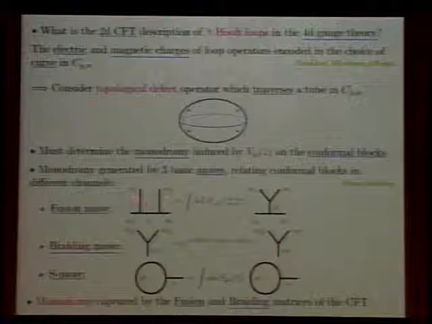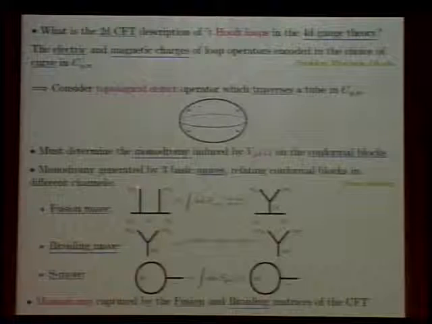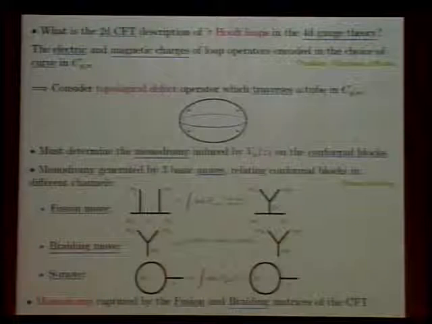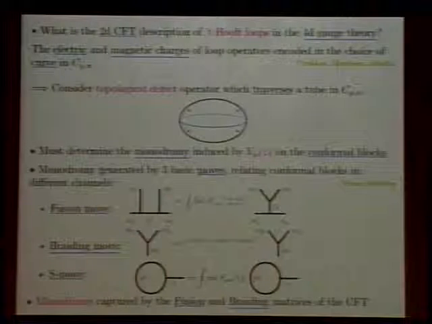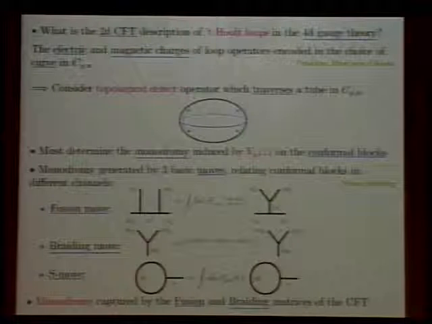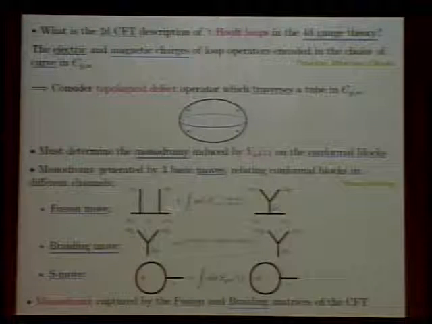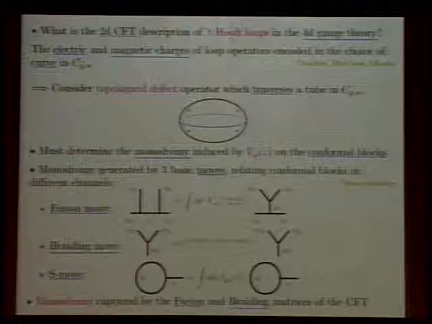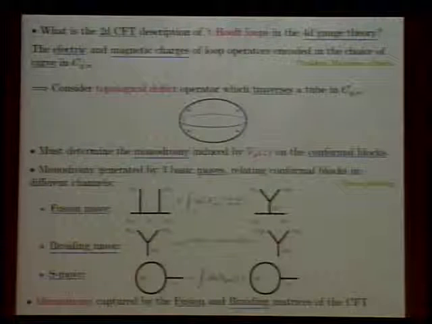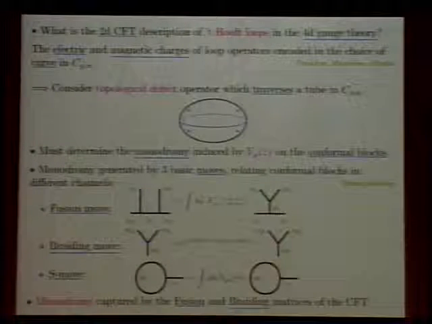Essentially, what this does is relate the analytic continuation of the conformal block associated to the four-puncture sphere in the S channel to the conformal block associated to the T channel by this matrix, which is called the fusion matrix.